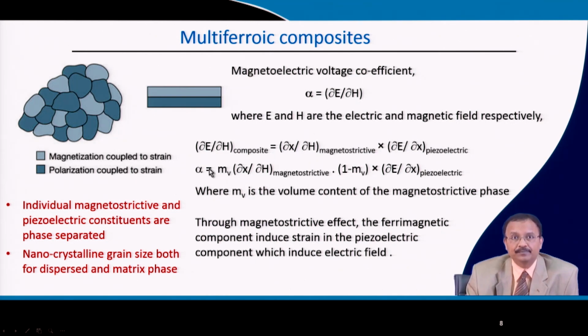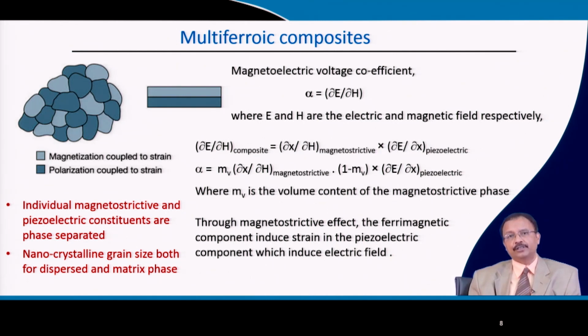So, this magnetoelectric voltage coefficient is given by the fraction of the volume content of the magnetostrictive phase and the remaining volume content of the piezoelectric phase, and you can just measure the value of alpha. What is happening here is that once you apply a magnetic field in this composite, this ferrimagnetic material will induce strain due to the magnetostrictive effect.